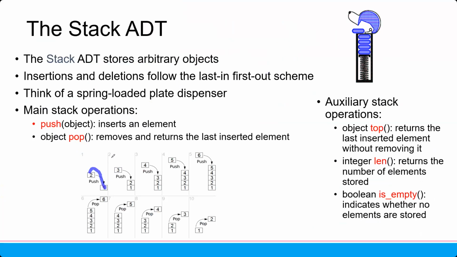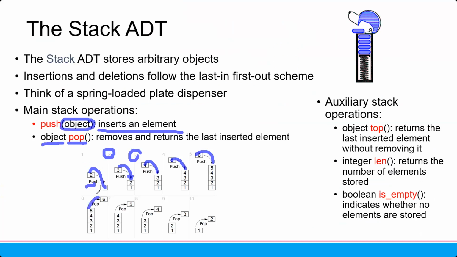In the second operation, I put the element 3. In the third operation, I put the element 4, then 5, then 6. So we call push the insert of an element. We are going to push an object. If we are going to remove it, we use pop.